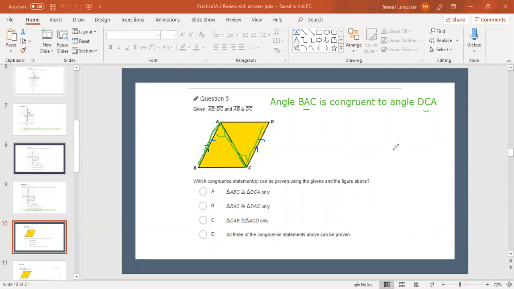Angle B corresponds to angle D. Angle C, which is DCA, corresponds to BAC.